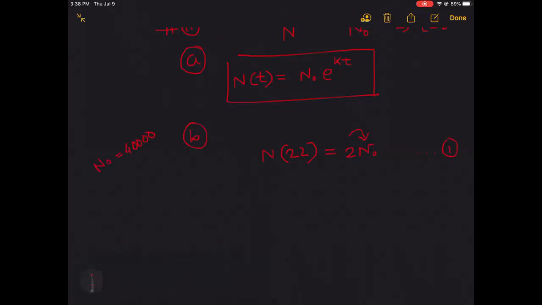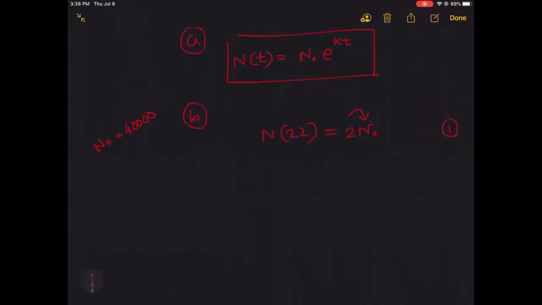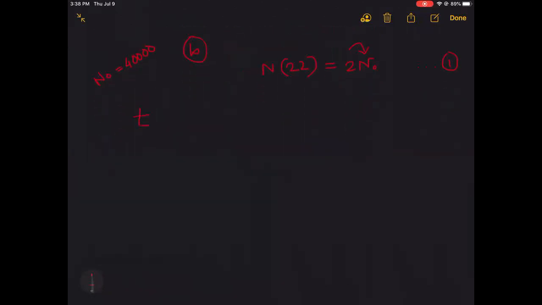Okay, all right. Now, the next thing is we are trying to find N rather, not time. The time is given, 4 years. So after 4 years, we are trying to find the population.